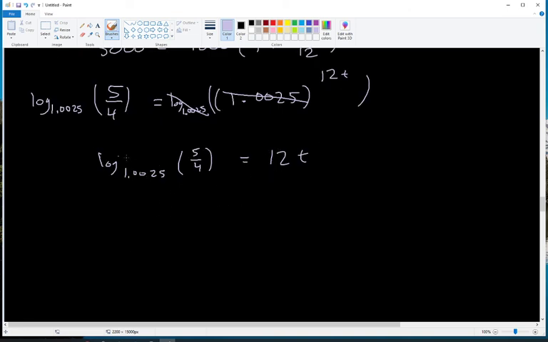I also need to convert this over to a form I can put in my calculator, so I'm going to do natural log of the top part over natural log of the bottom part, natural log of the parentheses stuff over natural log of the old base. And then we want to divide the 12 across.